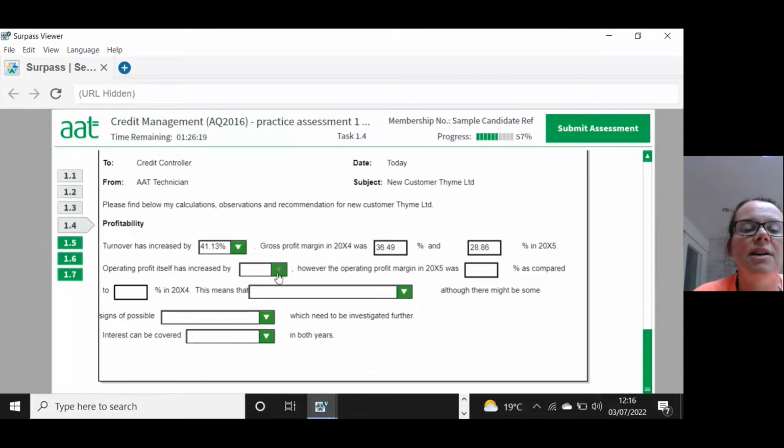Operating profit in itself has increased by, so another percentage change. However, the operating profit margin in X5 was, so an operating profit margin, operating profit divided by turnover.